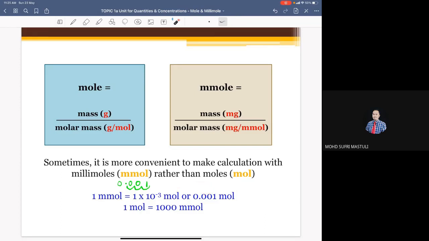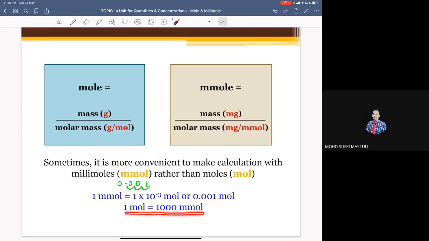Okay. Another straightforward relationship is that 1 mole is equivalent to 1000 millimole. How can you get this relationship?